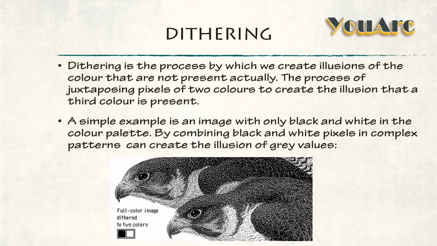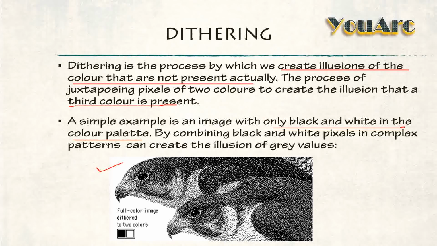Another important term in colors is dithering. It is a process by which we create an illusion of a color that is not actually present. So, a creation of illusion for a color which is not present. This process can be achieved by positioning pixels of two colors to create an illusion that a third color is present. I'll explain with this particular example. Only black and white are in the color palette of this figure, because only black and white colors are used.